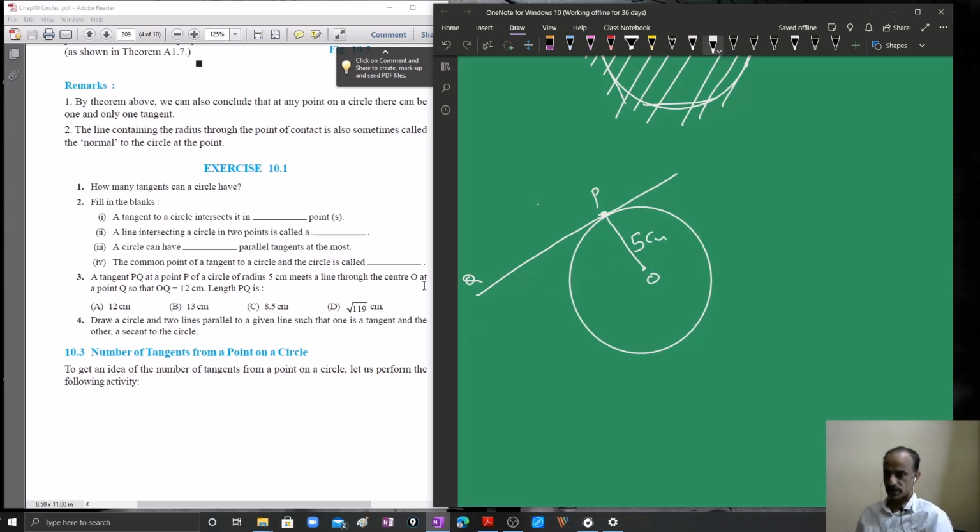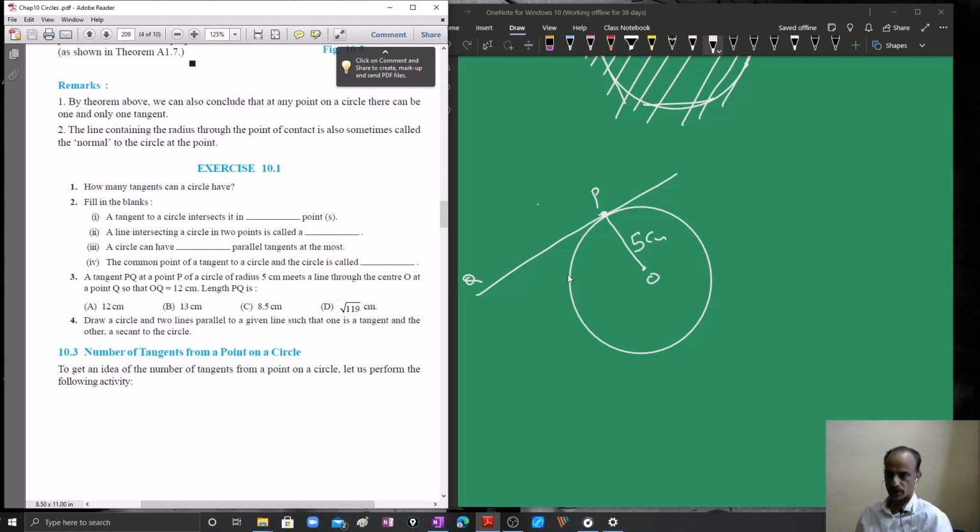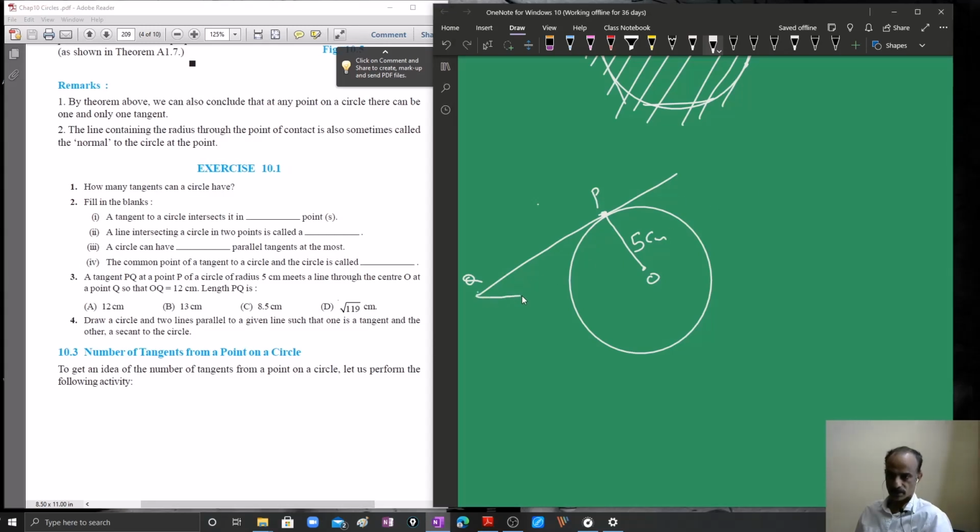A line is drawn through the center O and meets the tangent at a point Q, so that OQ is equal to 12 cm.